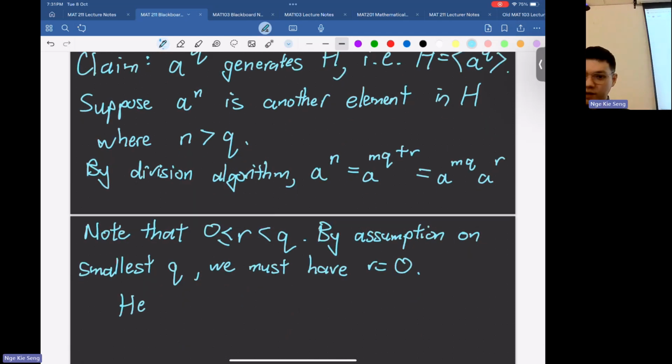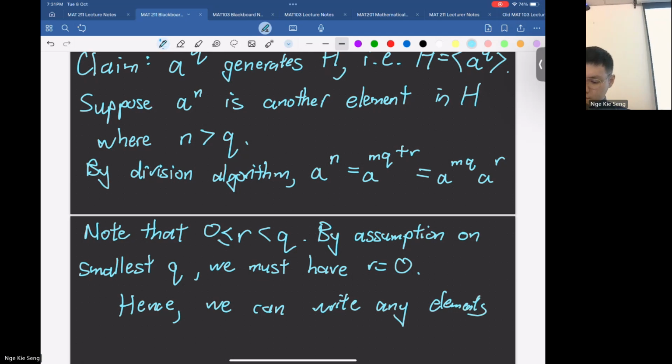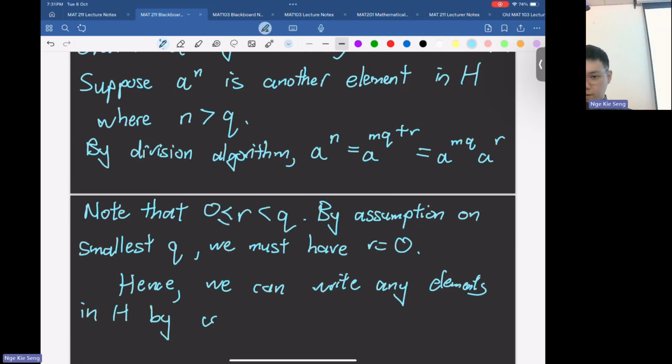So r being 0 means what? Hence, we can write any element in H by simply composing A^q multiple times.